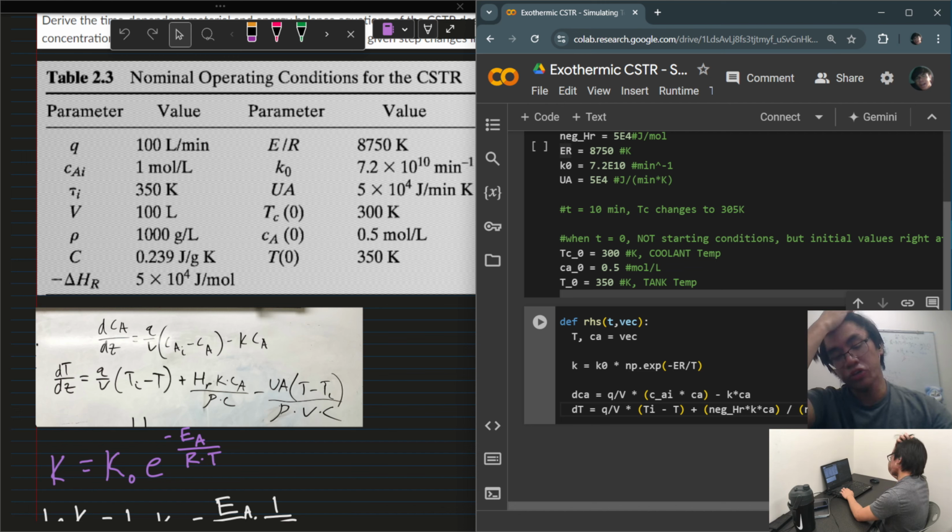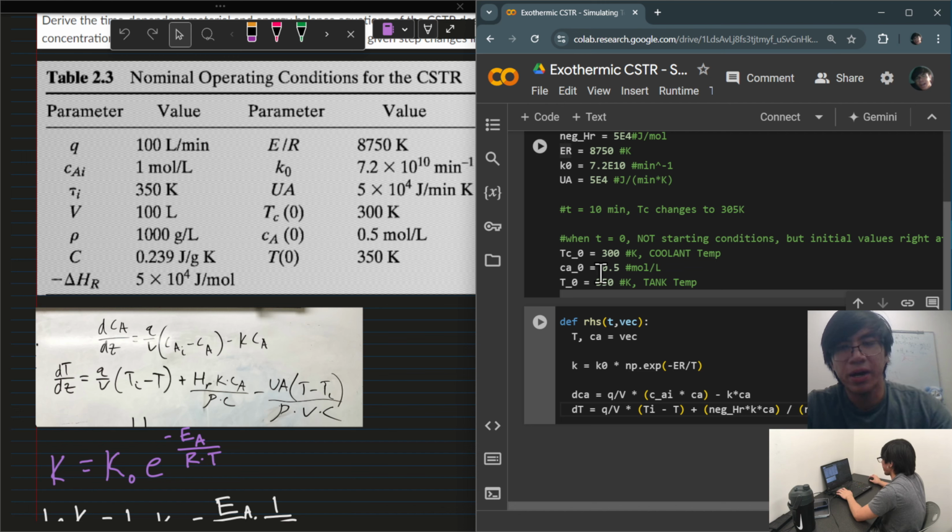expression that we use for energy loss to the cooling jacket. Remember, it's our overall heat transfer coefficient, UA, and this is times our driving force, the temperature in our reactor, so that's changing, minus our temperature coolant. So I'm going to go ahead and plug this as T, temperature of the cooling jacket right after steady state, T equals 0 for now, but remember that this is actually wrong since it needs to be changing as well.